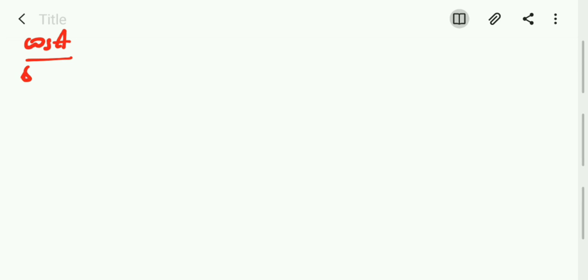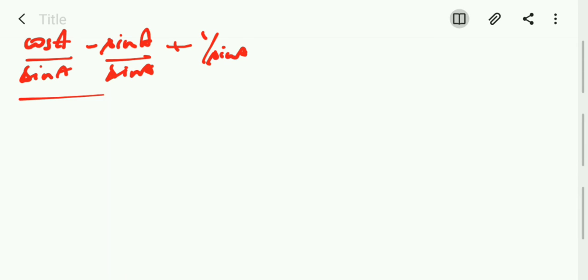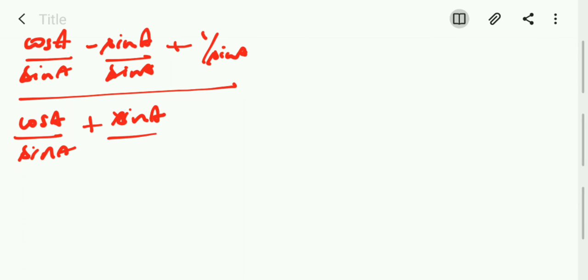Cos A by sin A minus sin A by sin A plus 1 by sin A, whole divided by cos A by sin A plus sin A by sin A minus 1 by sin A. So what it gives?